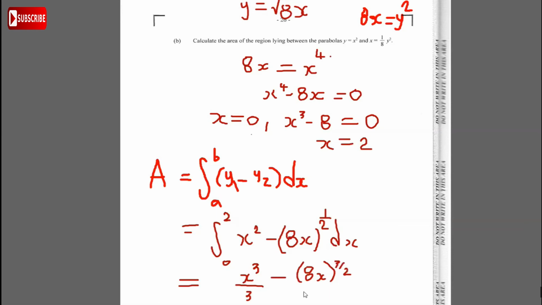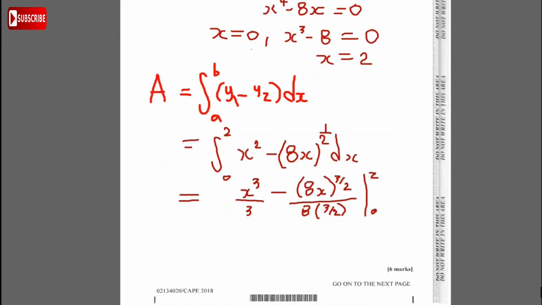Then we're going to divide it by 3 over 2, and also divide it by the differential in the bracket, which is 8. So divide it by 8 times 3 over 2. And we have to bear in mind that we're integrating from 0 to 2. Now in reality, we don't ever need to plug in 0 in these sort of circumstances. You just need to plug in the 2.